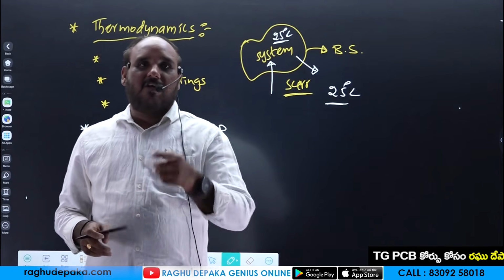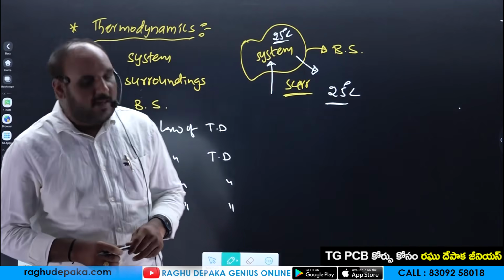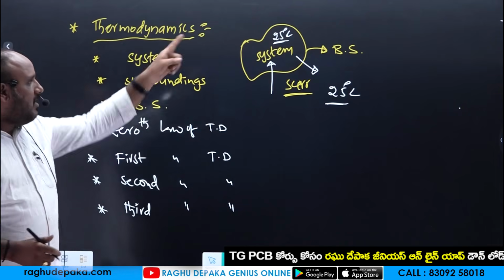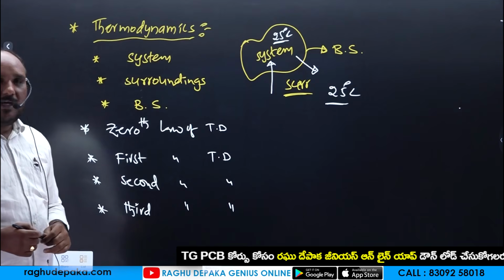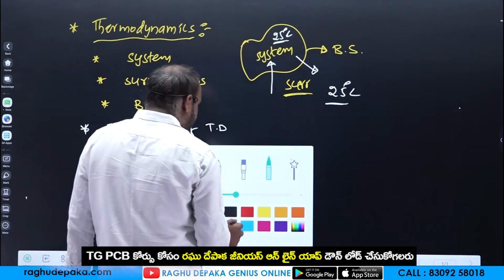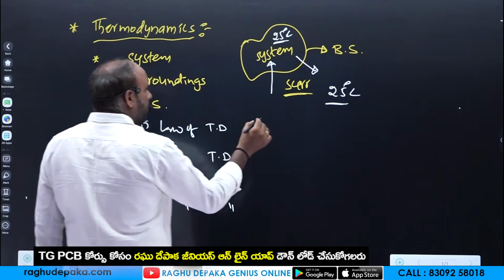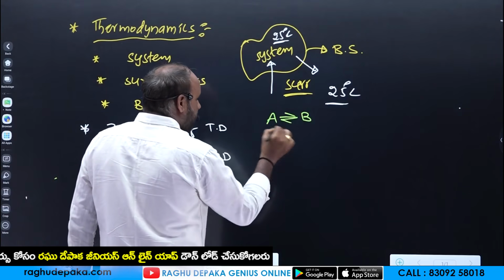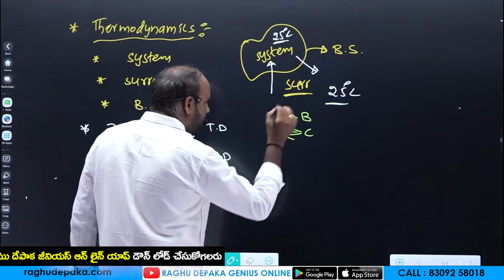Such equilibrium we call thermal equilibrium. Therefore the zeroth law of thermodynamics explains thermal equilibrium between the system and surroundings. It explains how one system is in thermal equilibrium with another system, and the same system is again in thermal equilibrium with another system.